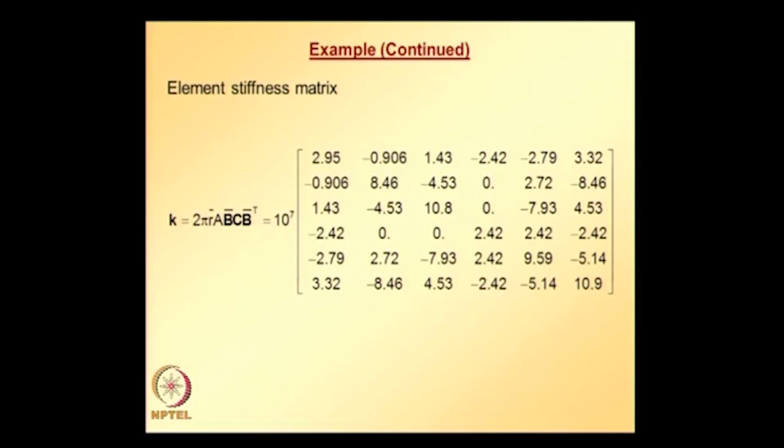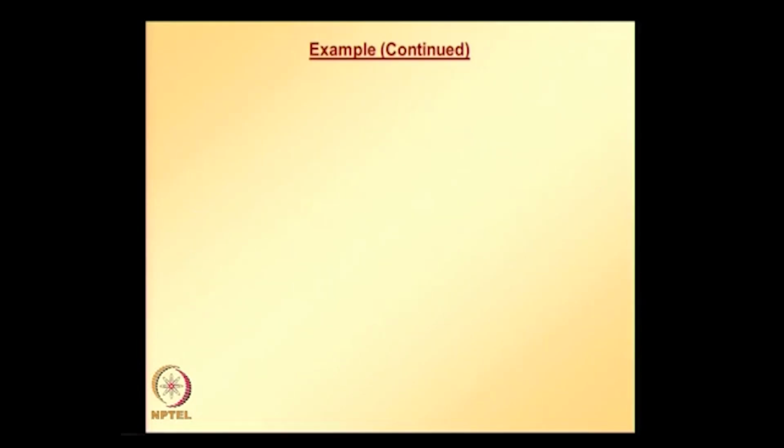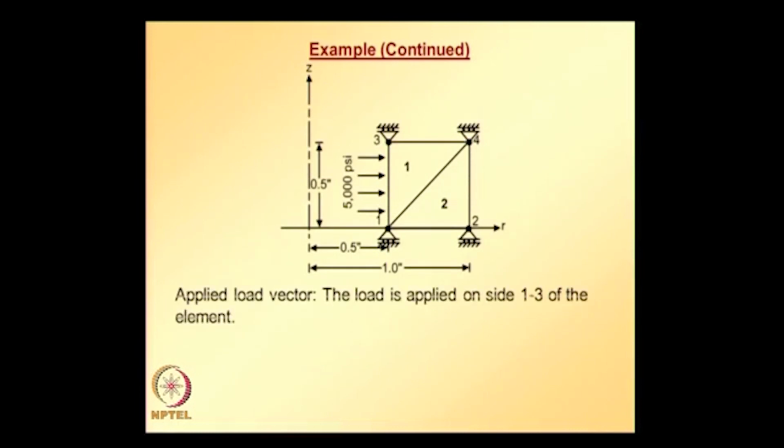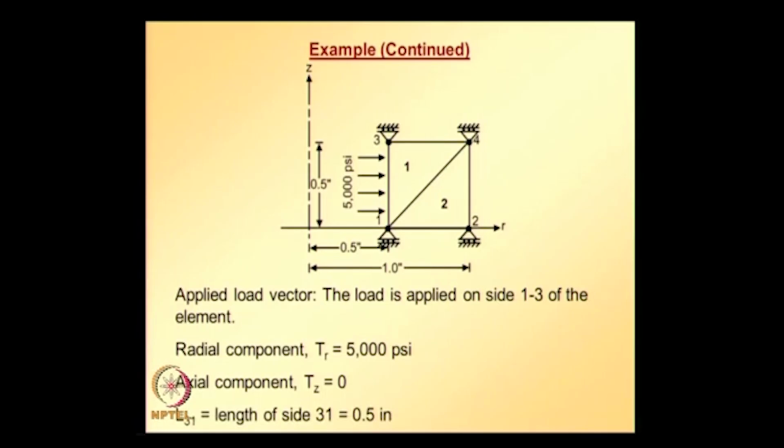So, now if you see the model, load is applied along the edge 3 1 or 1 3, which is a part of element 1. So, the applied load vector, or equivalent nodal load vector, we need to assemble for side 1 3 or 3 1, and to do that we need to note down the traction components TR, TZ, and also the length of side 3 1.